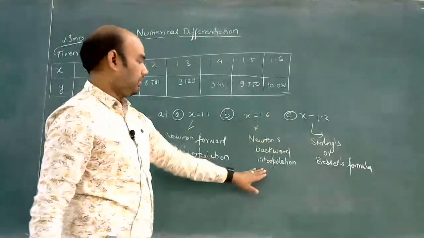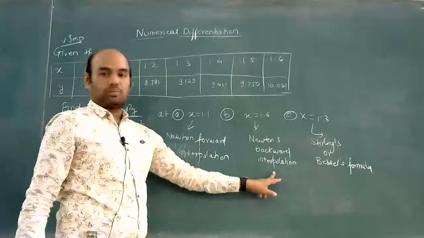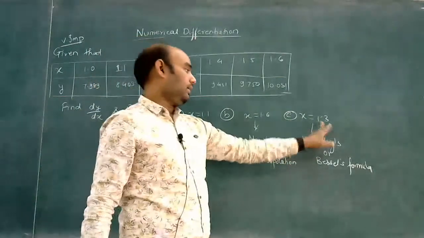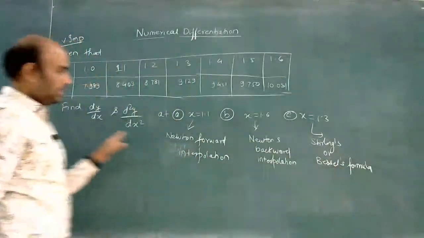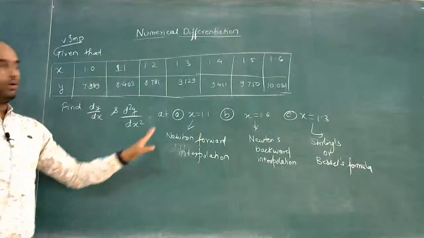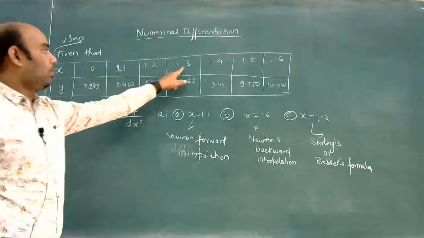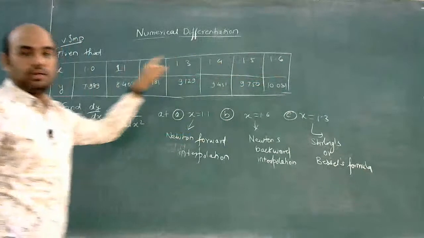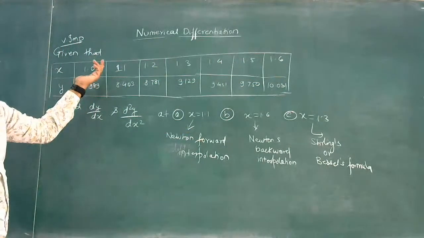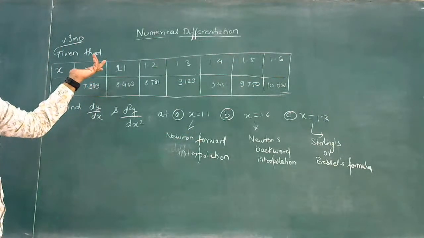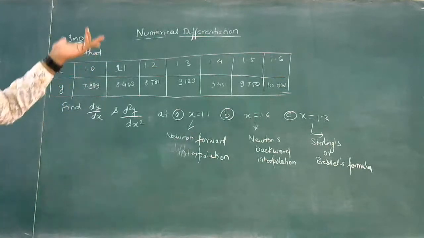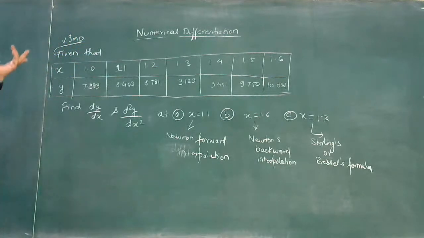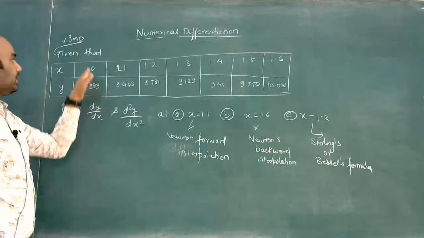At the end of the table, Newton's backward interpolation formula, and in the middle we use Stirling's or Bessel's formula.